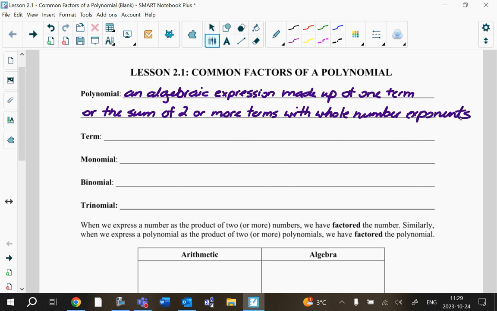Okay? We've been dealing with these. I mean, we dealt with them a lot last year. We learned all sorts of different ways how to simplify polynomials.